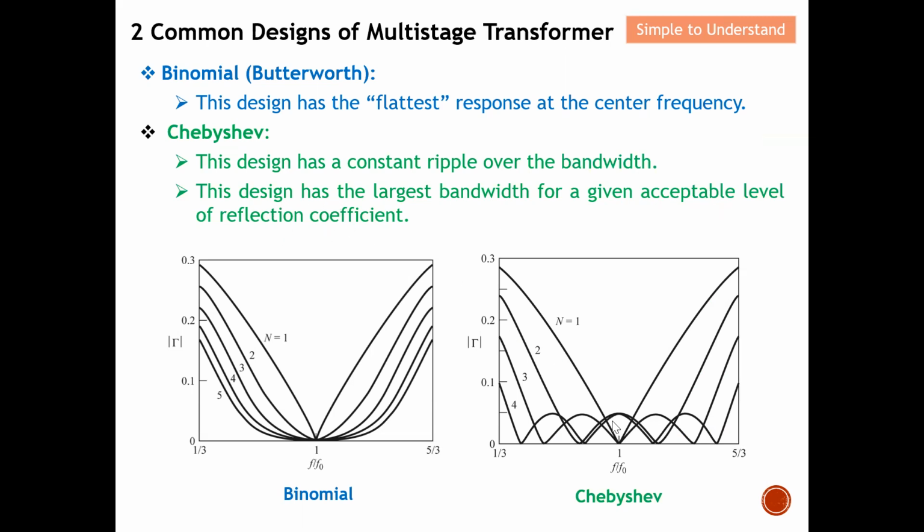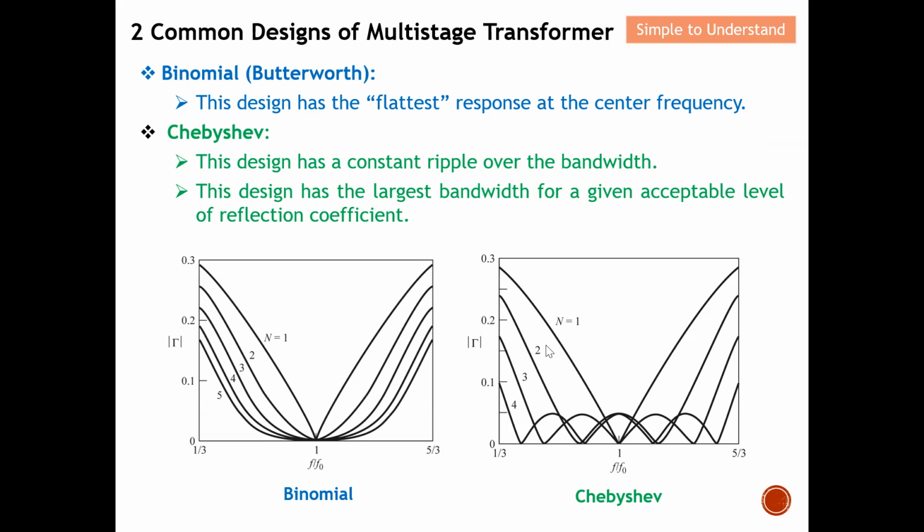From here, you can clearly see that, let's say n equals 1, for Chebyshev or binomial, they are almost the same regarding the frequency response. However, when n equals 2, 3, 4, when this n increases, the number of sections actually increases. Here n stands for the number of sections.